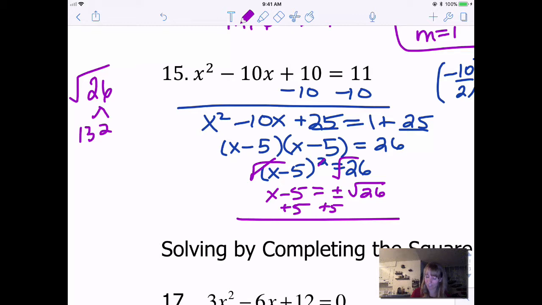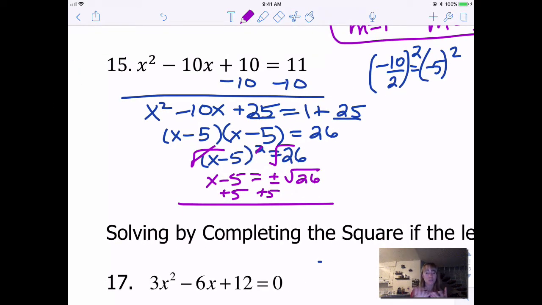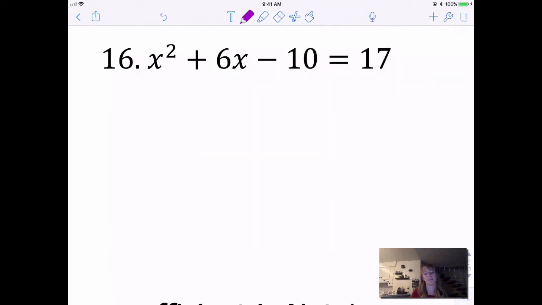I can tell that I don't have like terms, so if you don't need to write it into separate equations, that's okay. I should get x is equal to positive 5 plus or minus the square root of 26. But if you wrote x equals 5 plus the square root of 26, x equals 5 minus the square root of 26, that is a perfectly correct answer as well.